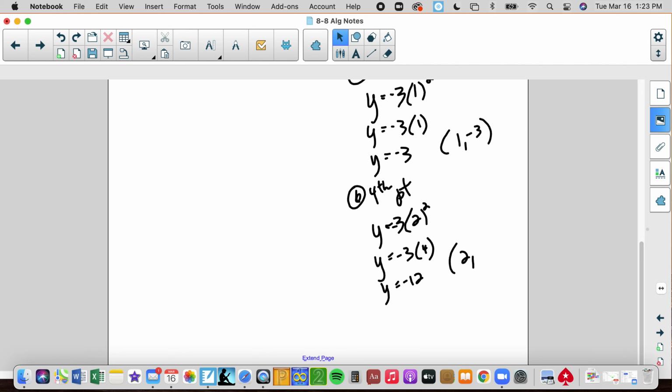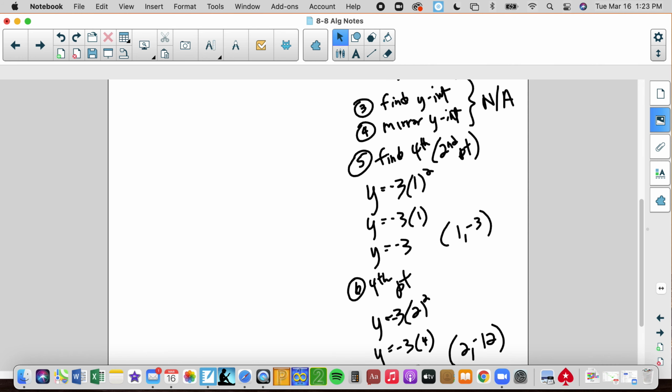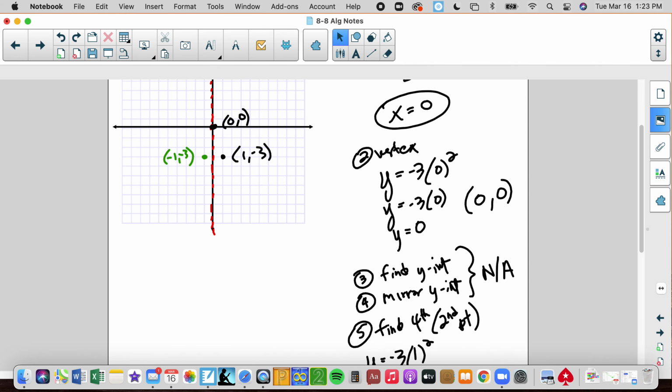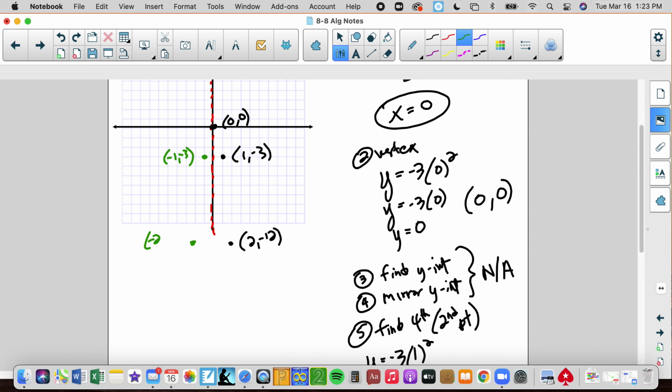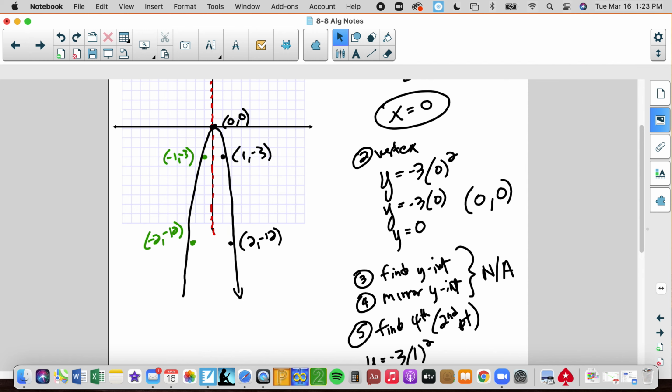So I get the point 2, -12. 2, -12 is going to be like right there. Its mirror point is 2 away from the axis of symmetry, so it'll be 2 away on the other side. And that would get me to -2, -12. Now I have 5 points, and I get to see the shape of my parabola.